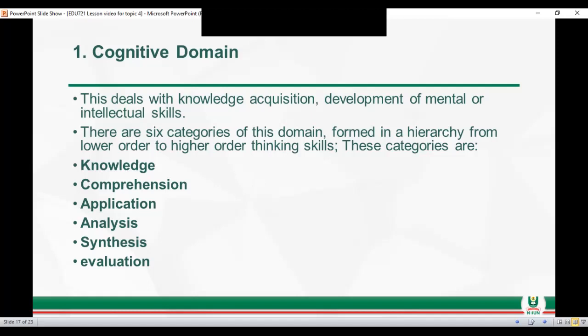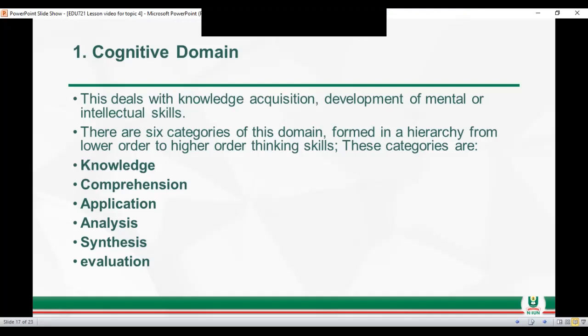So this level is also categorized as higher order thinking skills. From application, analysis, synthesis, and evaluation, you need higher level thinking skills for it to manifest.